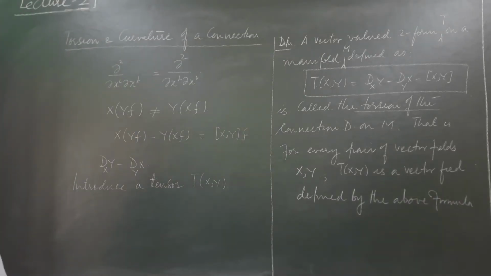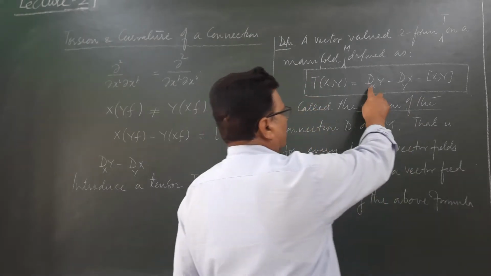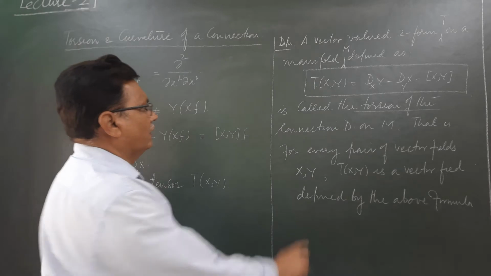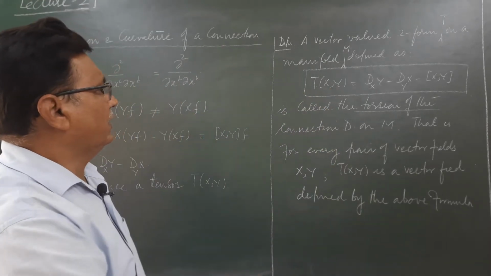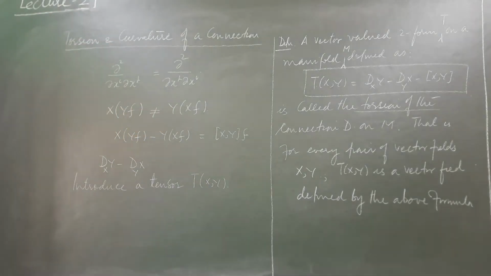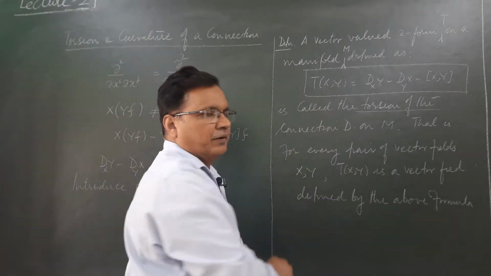One can notice that Dxy, Dyx, and the Lie bracket [x,y], all the terms on the right hand side are vector fields, and therefore the value of T on the pair of vector fields is a vector field. That is why I said it is a vector valued function. And moreover, it is a two form because it is operating on a pair of vector fields.